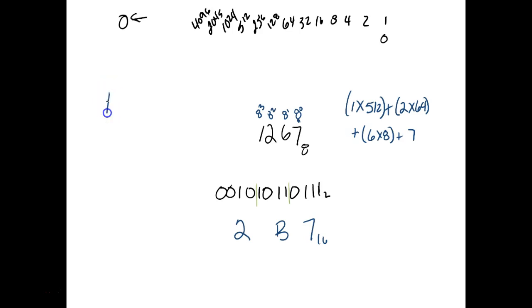So I could take a big hex number, F39C, and that's going to be 15 times what? 16 to the 3rd. You've got your chart over there, guys. 16 to the 3rd is 4,096.